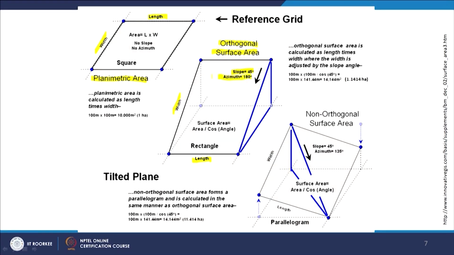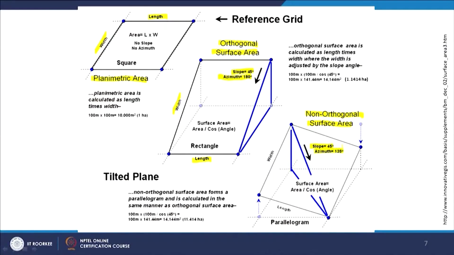But if it is non-orthogonal, like in this scenario, the surface area will increase further, and here the slope remains 45 degrees as in the previous orthogonal example. However, the azimuth has changed and is 135 degrees. Because in nature it is not necessary that all the time the surface area would be orthogonal. Generally these would be non-orthogonal, so this is a parallelogram scenario.